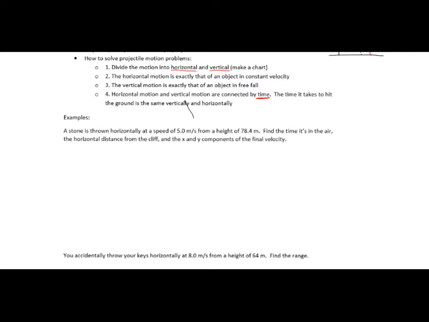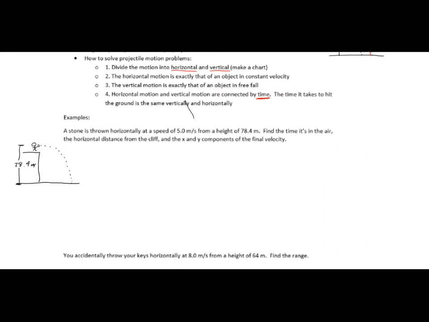So like I said, you start with a picture. So we have our cliff. Here's somebody throwing the stone off the cliff, and it's going to fall. And it's starting totally horizontally. And then we have our height. I guess it says the cliff is 78.4, but the height that it's thrown from is 78.4 meters.